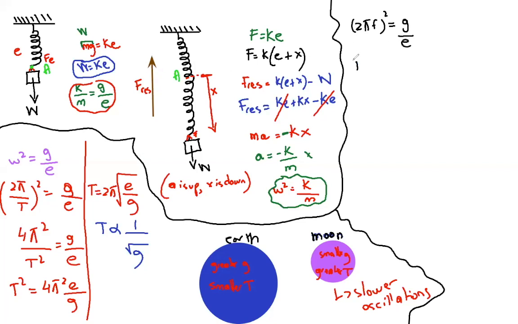Now it's 4π squared f squared equals g over l, and I'm finally going to get f is equal to 1 over 2π under root g over l. Yeah, that's what I'm going to get. For frequency, you can see that it's a completely different relation, right? So that's it for the first part.